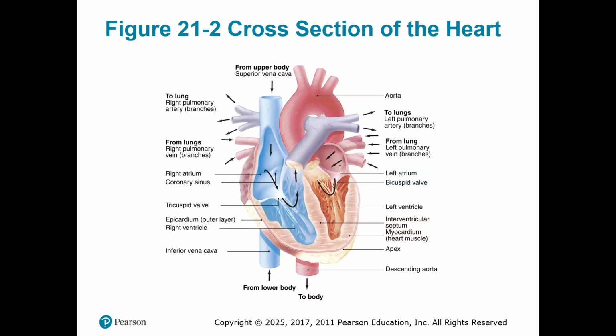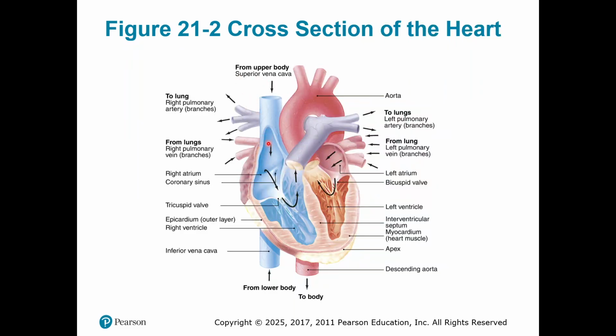All right, and we continue here to look at the cross section of the heart. You're probably pretty familiar with this one. We have the superior vena cava here, the inferior vena cava here. We know blood comes into that. That's deoxygenated blood. It's represented by the blue here.